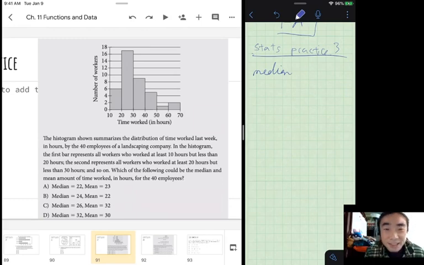I miscount this. 6 people here, 2, 3, 5, 6, 2. Huh, what did I do wrong? Well, okay, so I'm wrong.